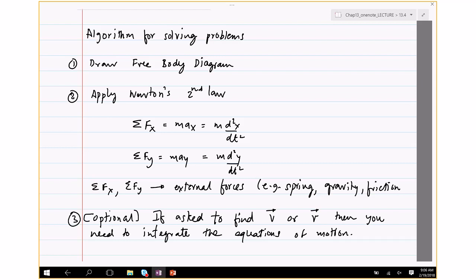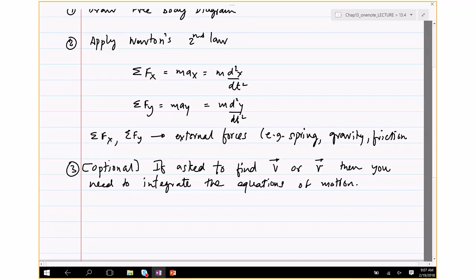Okay, so if you follow these steps meticulously, one is you'll get partial points for doing free body diagrams and applying Newton's laws. The other thing is there's a higher chance that you'll get the problem right because you didn't skip any step.